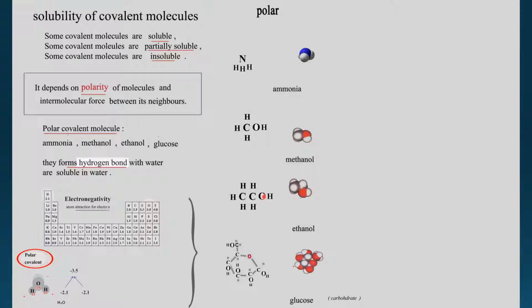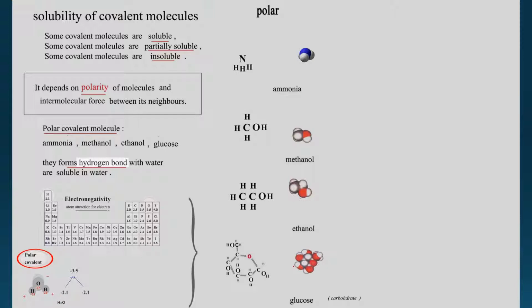Ethanol also has an OH group, unsymmetric electron distribution. Same as glucose, sugar, you have a lot of OH groups. All these OH groups are very unsymmetric in electron distribution. As you see, for OH, O is 3.5, H is 2.1 electronegativity.